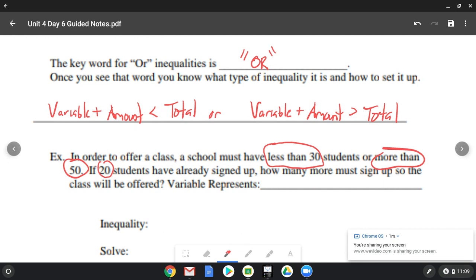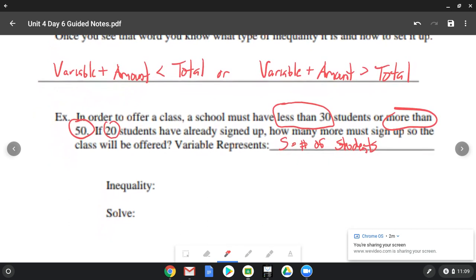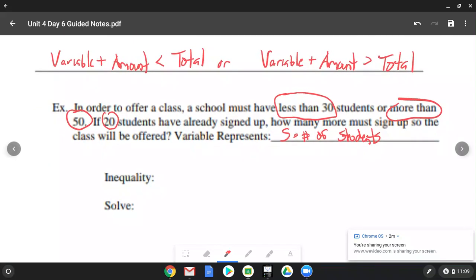How many more must sign up in order for the class to be offered? So the variable that we're talking about might be S for my number of students that I need. So let's just label that as S. You can label it whatever letter you want, right? It doesn't matter. So now our inequality that we're going to set up would be, for the less than one, S plus 20.